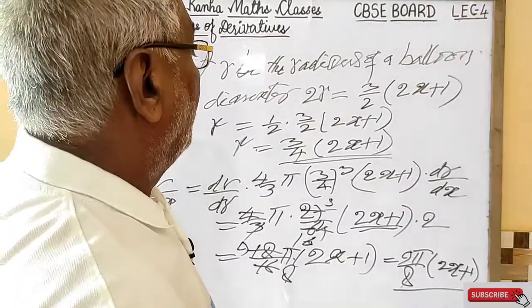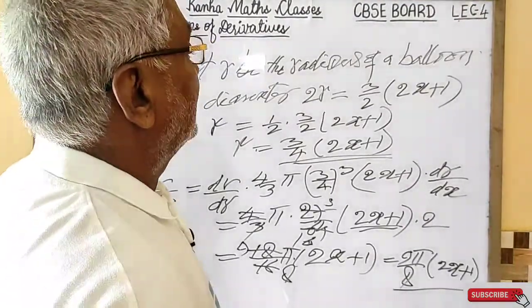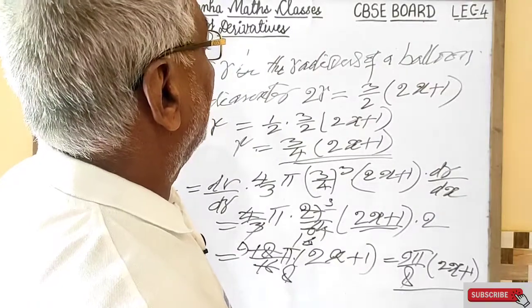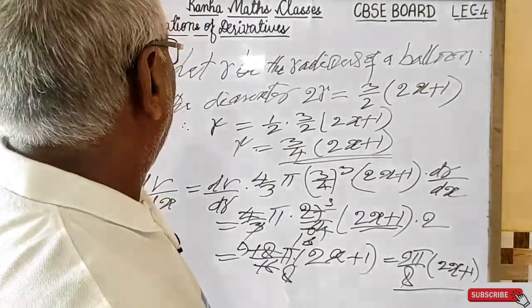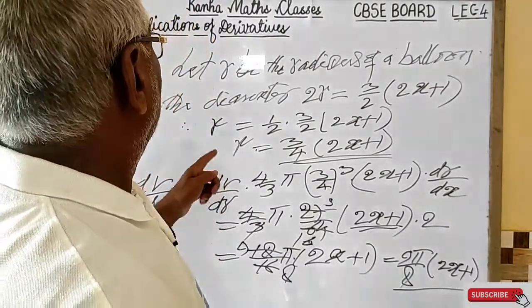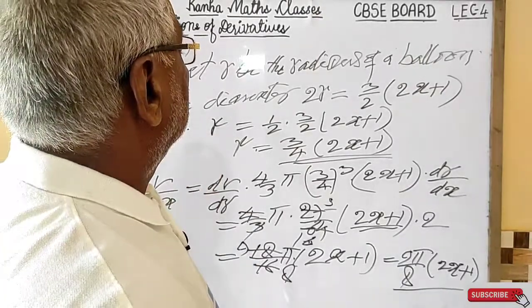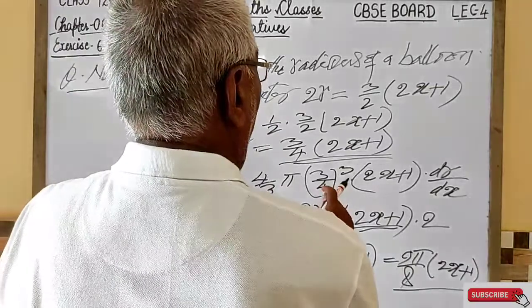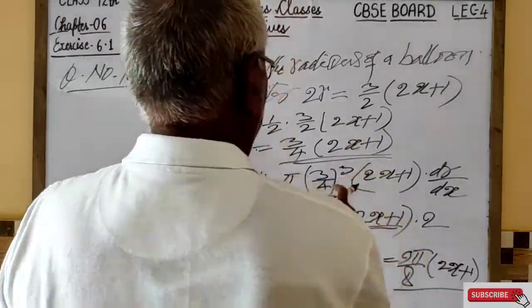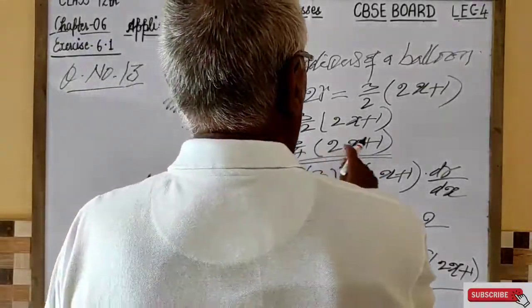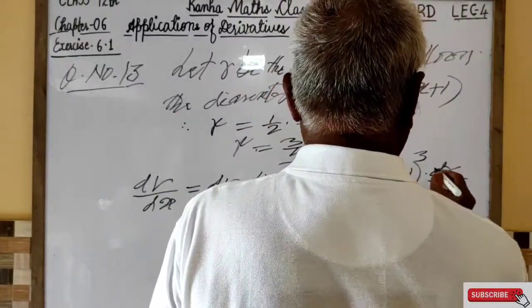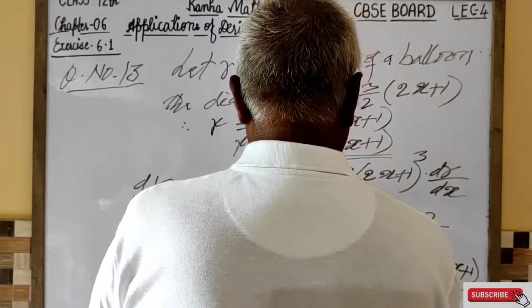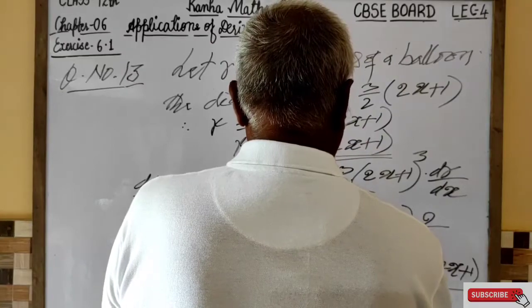Now we have made a mistake in deriving the volume, that is 4/3 pi r cube. So 3/4 cube by mistake, and this is into 3 into 2.